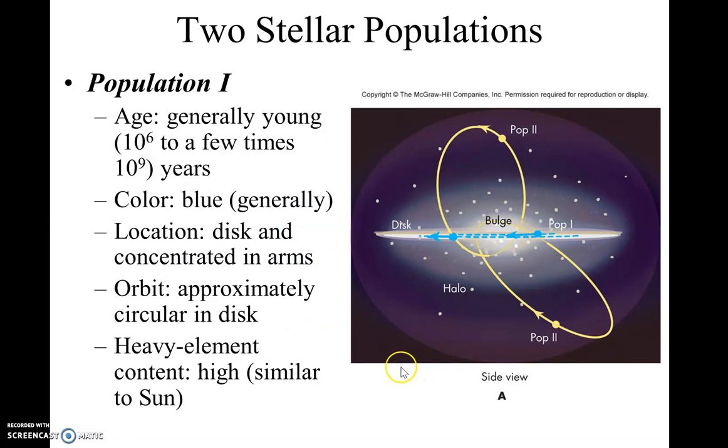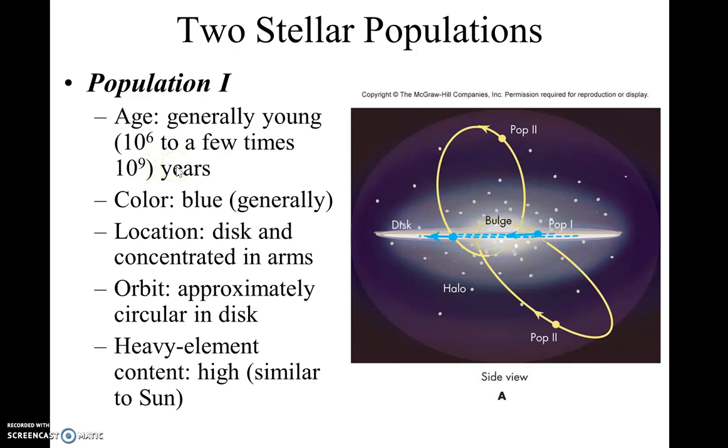Okay, so now what we're going to do is look at broadly 2 different populations of stars in the Milky Way. The ones that we find in the disk of the galaxy and in the bulge of the galaxy are called population 1 stars. So population 1 stars are relatively young, maybe a few billion years old.